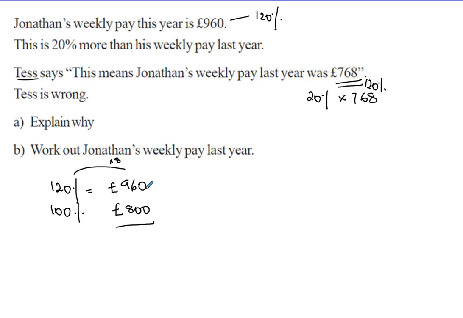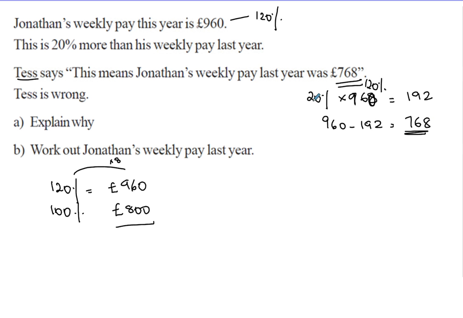To get to the 960, that would give you 192. That's 20% of the 960, so that was the 120%. And then if you do the 960 minus the 192, that would give you the 768.